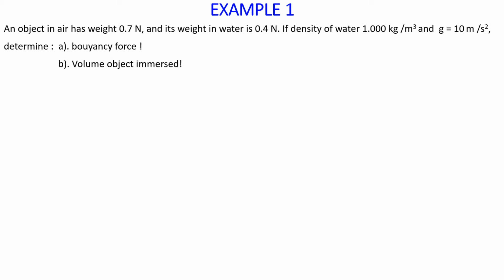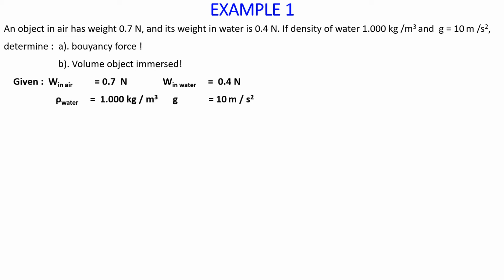If the density of water is 1000 kg per meter cubed and g equals 10 meter per second squared, determine A, the buoyancy force, and B, the volume of object immersed. Given: weight of object in the air 0.7 Newton, weight of object in water 0.4 Newton, density of water 1000 kg per meter cubed, and acceleration of gravity 10 meter per second squared. The problem asks for Fa, the buoyancy force, and the volume of object immersed.